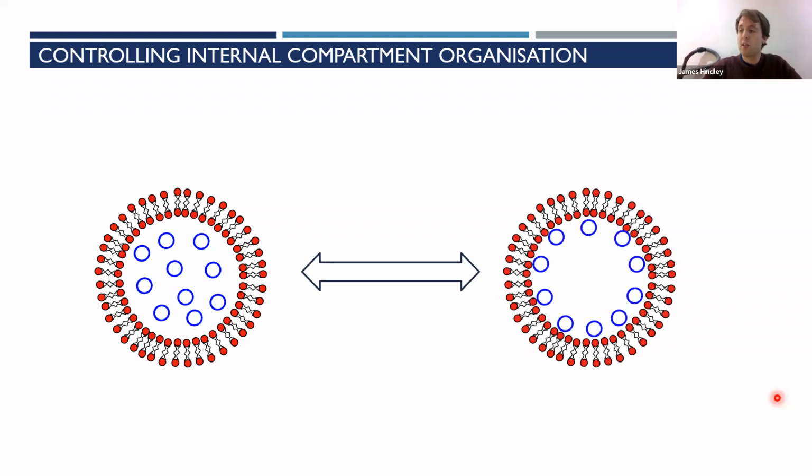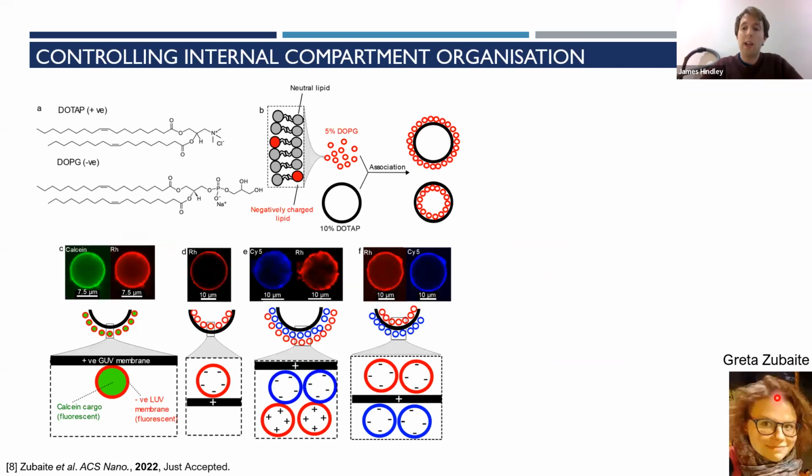And this project was really led by Greta Zubates, who's just finished her PhD in the group. Greta showed that by utilizing electrostatics, we can control the association of the internal compartments with the external GUV membrane. And importantly, this association is reversible and does not destabilize either of these membranes.